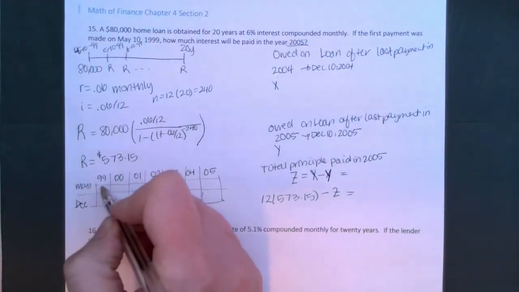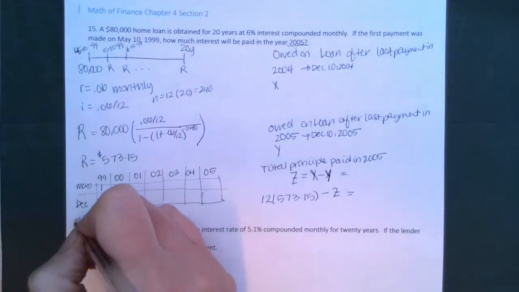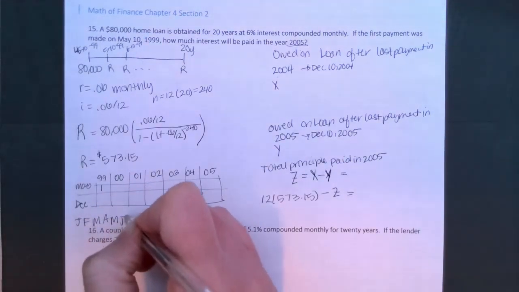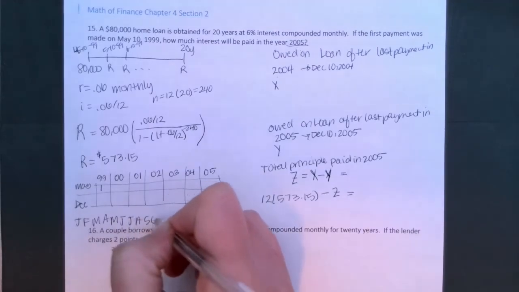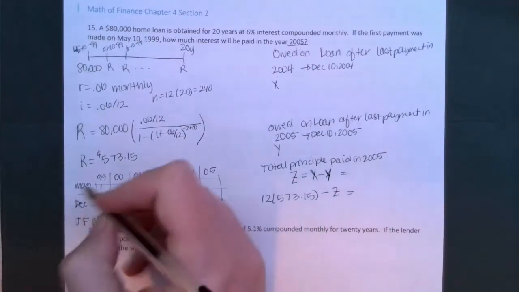May was our first payment, so I'm going to write down my months here. January, February, March, April, May, June, July, August, September, October, November. So we're in May, so this is payment 1. June would be payment 2, July 3, August 4, September 5, October 6, November 7, then December would be number 8.